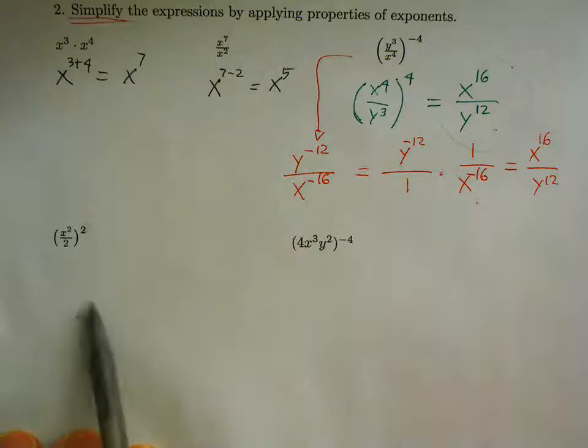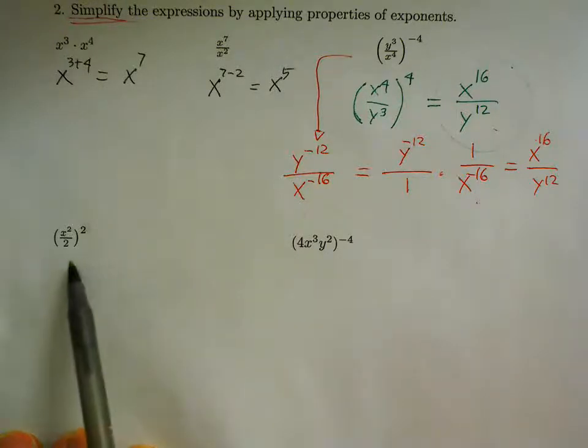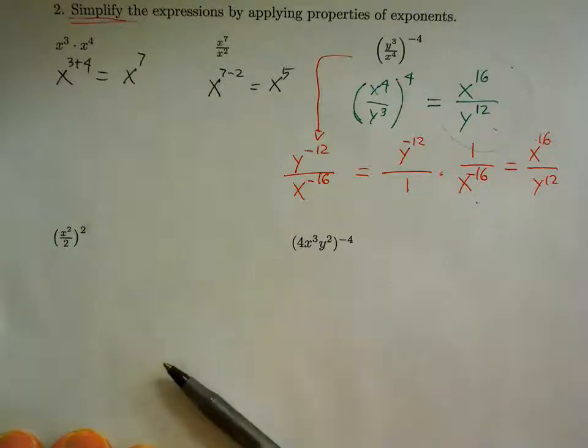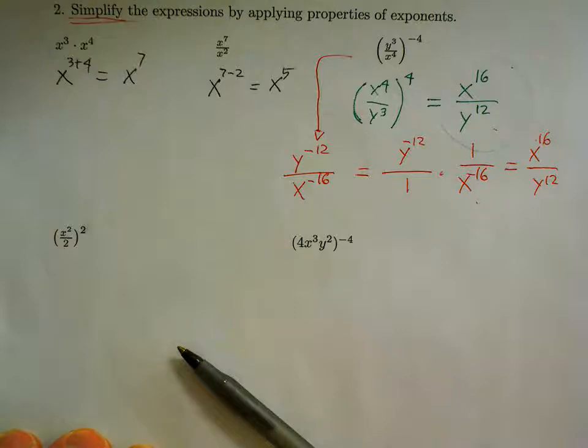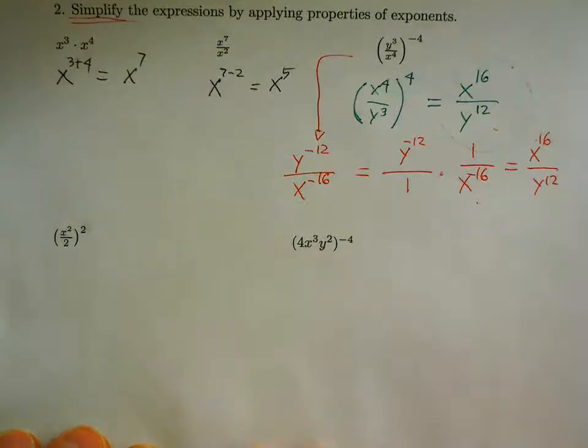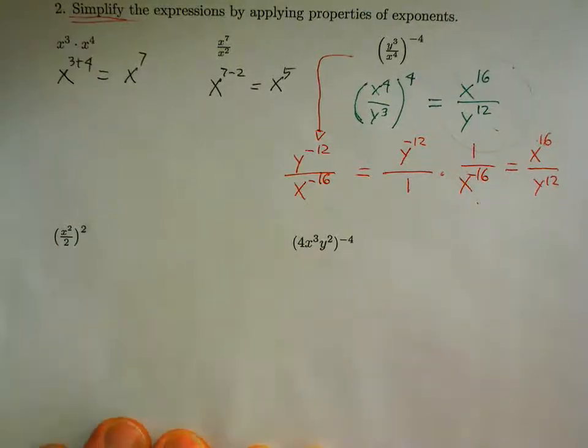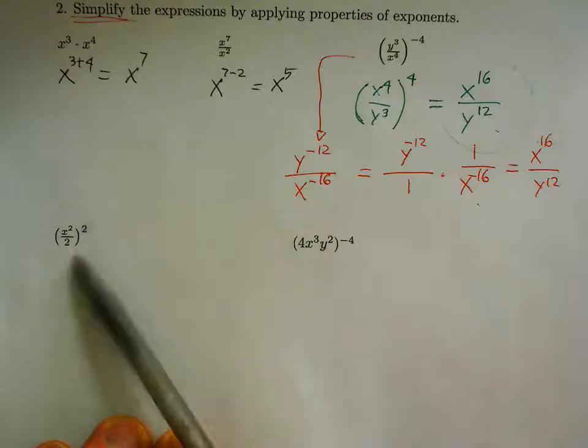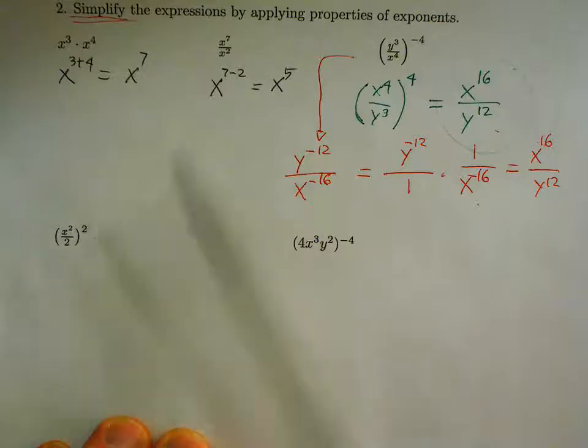So on this one, it's possible to get the correct answer for the wrong reason. So what does this simplify to? X to the 2nd over 2 raised to the exponent 2.